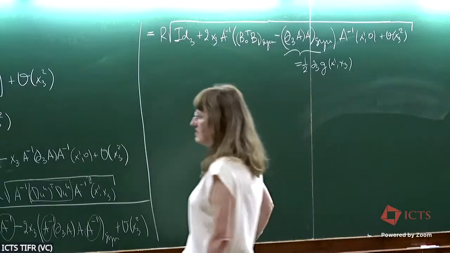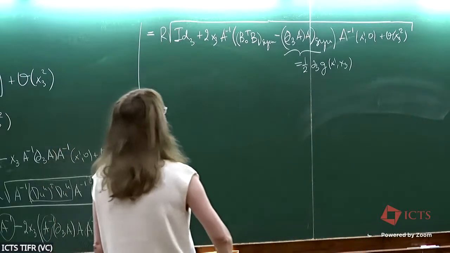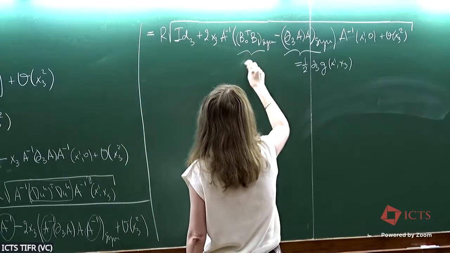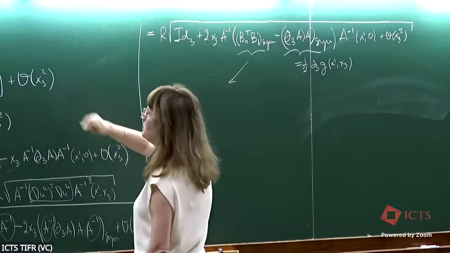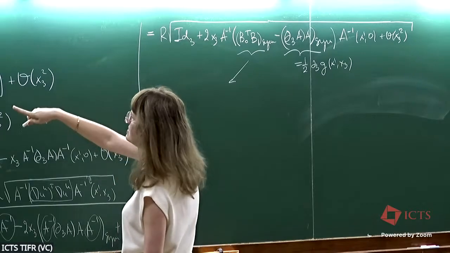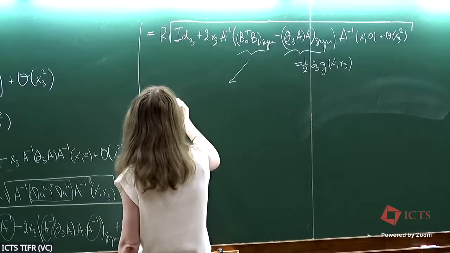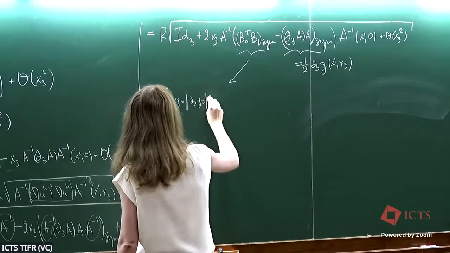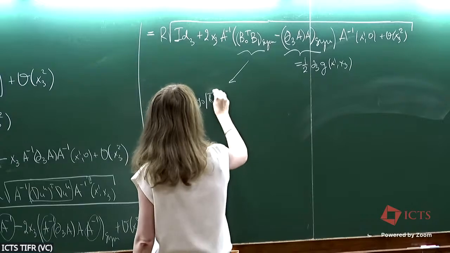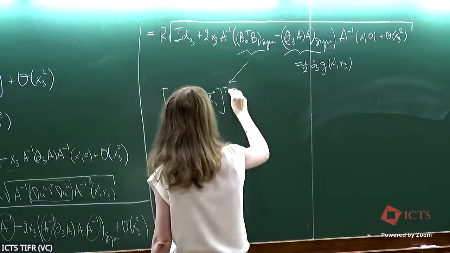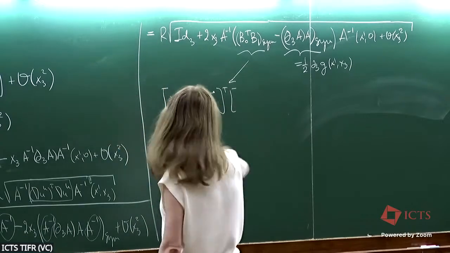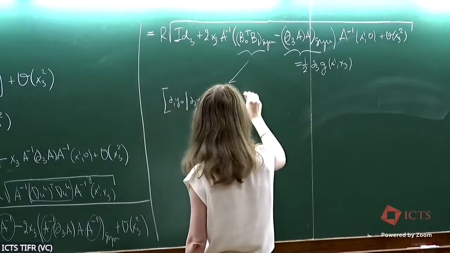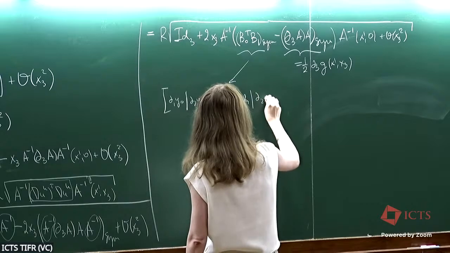On the other hand, what can I say about this thing? How does it look like? B0 was D1 Y0, D2 Y0, B1 transpose, and B1, I'm just gathering terms, then copying the formula, is D1 B1, D2 B1, B2.